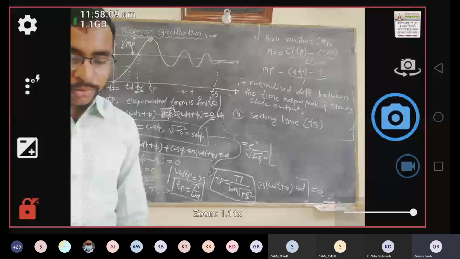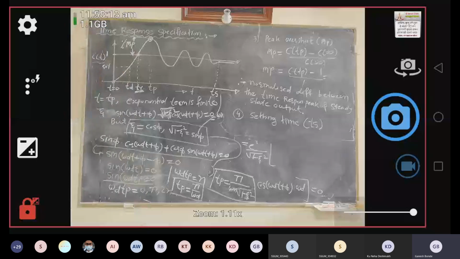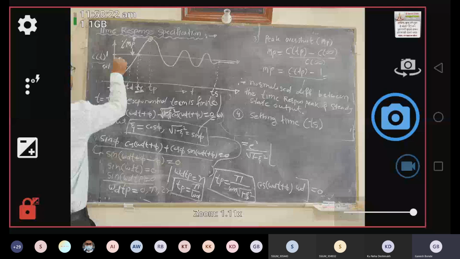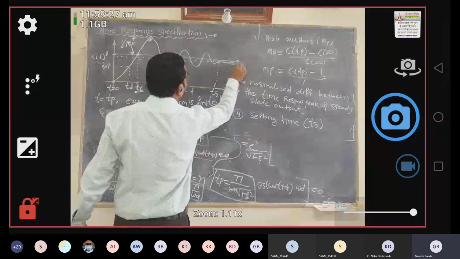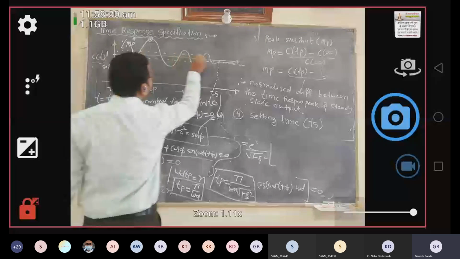So settling time is the time required for the response to reach and stay within a specified tolerance band. Generally two types of tolerance bands are used. This is the upper tolerance band, and this is the lower tolerance band.